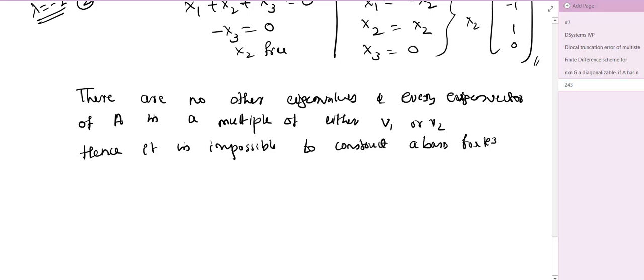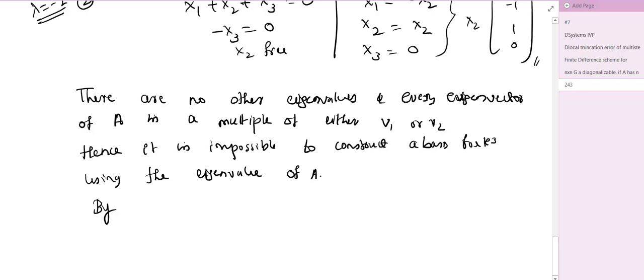That implies it has to be a basis for R3 using the eigenvectors of A. Okay. So therefore, by the diagonalization theorem, if it has three distinct eigenvalues, then only we can say that it is diagonalizable.